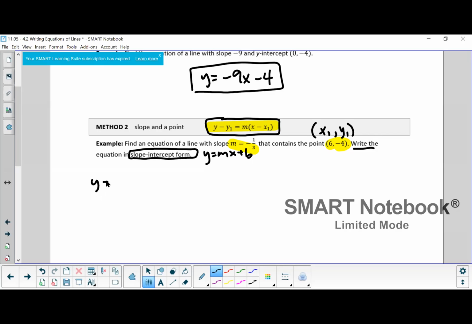This minus that I have written down comes from the formula. This minus that I'm writing down next comes from the -4. So the first negative from the formula, the second negative is from the point. And then I plug -1/3 in for m, parentheses x minus whatever x1 is, which is 6.